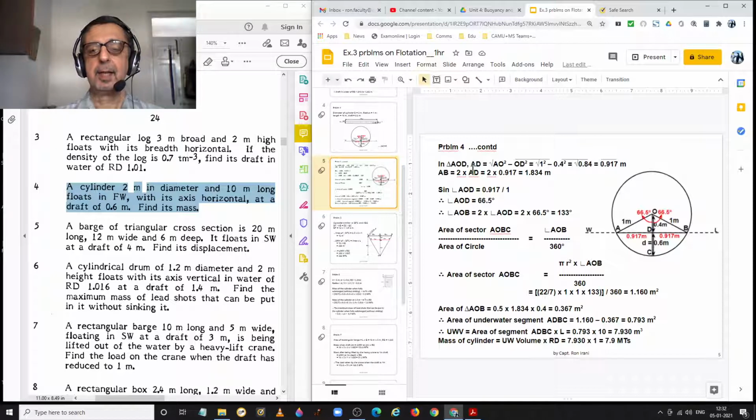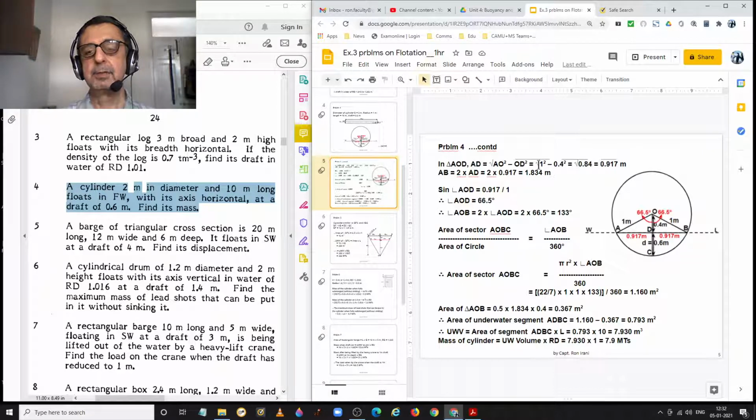Taking triangle AOB, AD is equal to the square root of AO square minus OD square. AO is equal to 1 and OD is equal to 0.4.